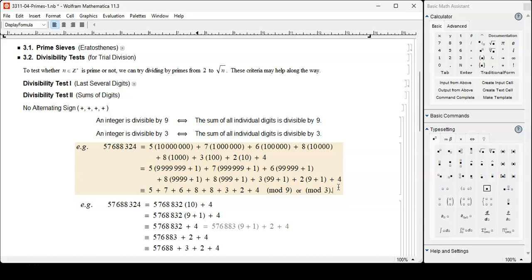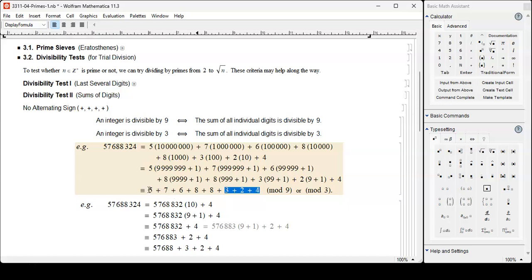So cross all those out, what's left? 5 times 1, 7 times 1, 6 times 1, those kinds of things. And what we have is just a sum of individual digits. And then whether this is congruent to 0 or not, that's something you can check. For example, 2 plus 4 is 6, plus 3, up to here I get 9.